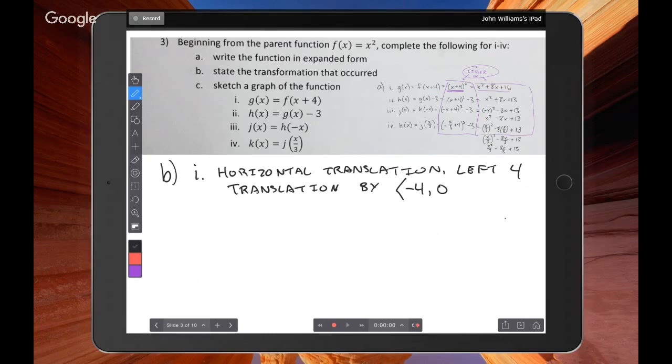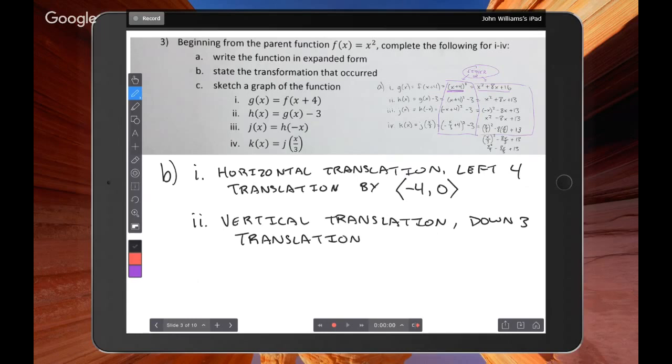2. Down 3. Vertical translation. Down 3. Or I could say translation by 0, -3.